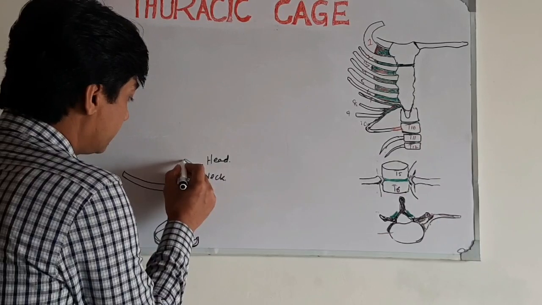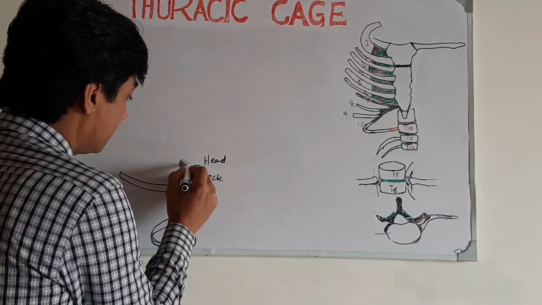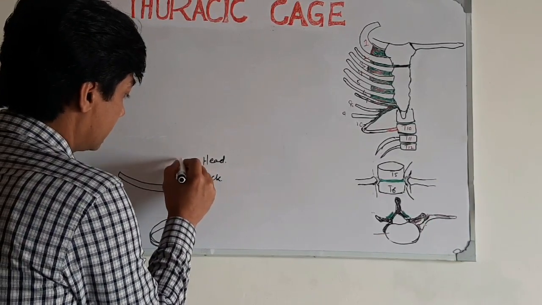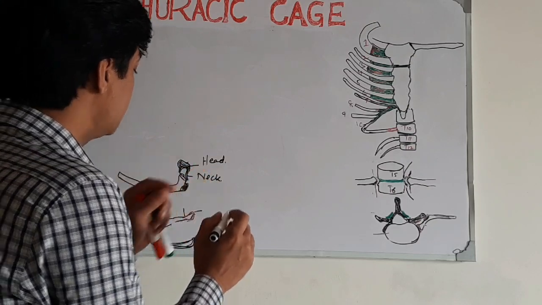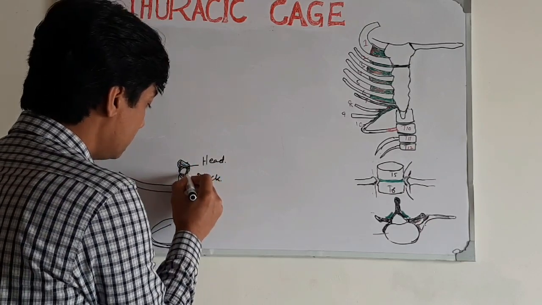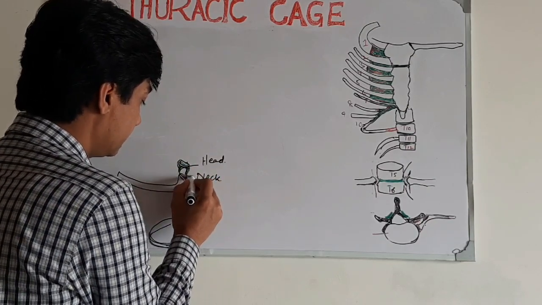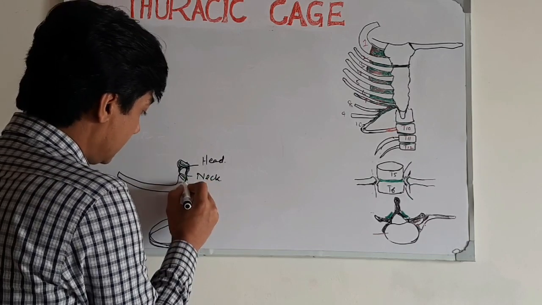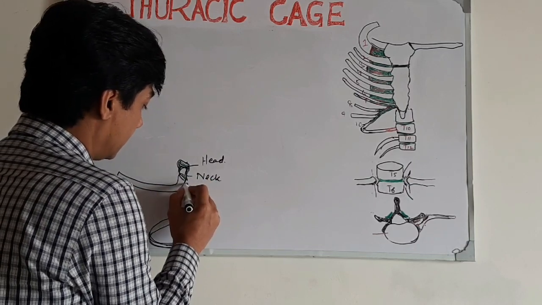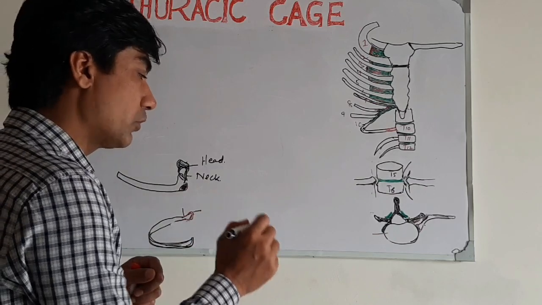First of all, there is the head of the rib, the broader portion, and the narrow portion beyond the head is the neck, and distal to the neck there is a tubercle. The tubercle is a small round projection.